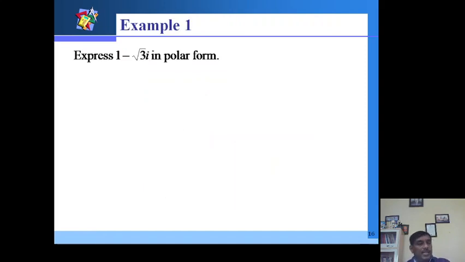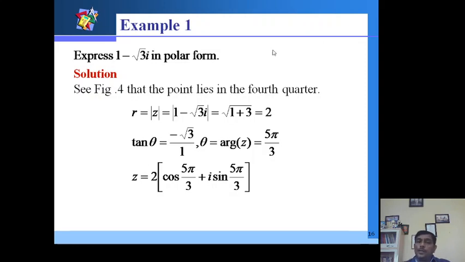Here I will give one example related to this conversion from Cartesian to polar form. You know that x = 1 and y = minus root 3. Then tan theta is y by x, that is minus root 3 by 1, and theta is the argument of z.